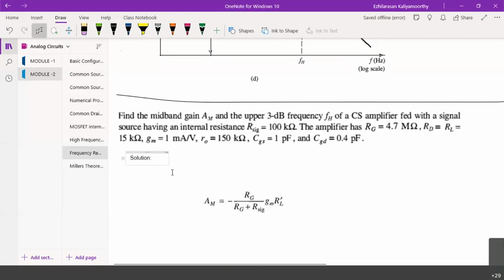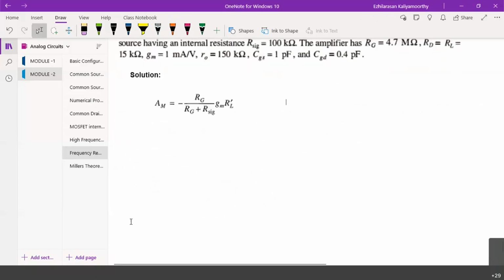So let us go for the solution. This is the formula for AM. Now RG we know, Rsig we also know, GM we also know, but we don't know RL dash. So what is RL dash? RL dash is nothing but R0 parallel with RD parallel with RL.